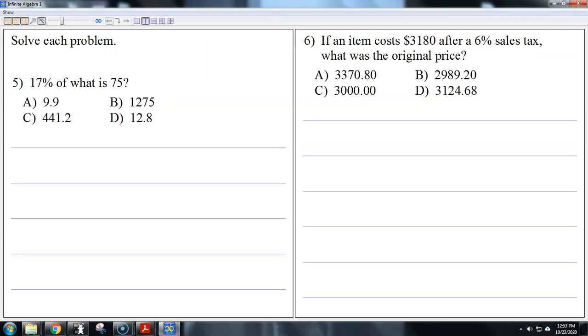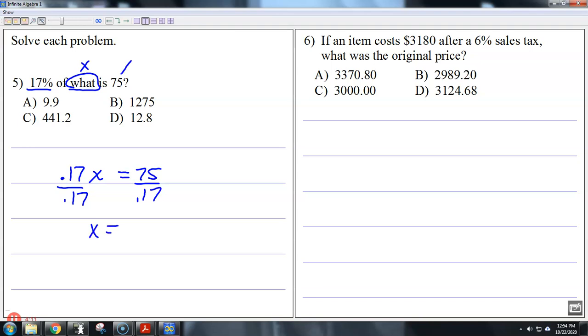All right. Number 5, 17% of what is 75? So, 17% of, I don't know what it's out of. So 17% of, I don't know how much it's out of, but the answer is 75. So on this one, I'm going to divide both sides by 0.17. This one's a little bit tricky.